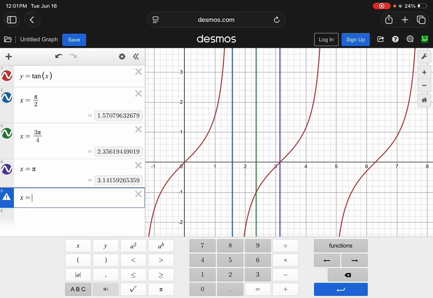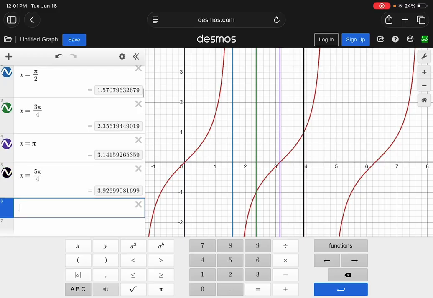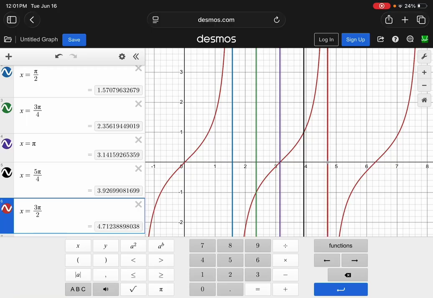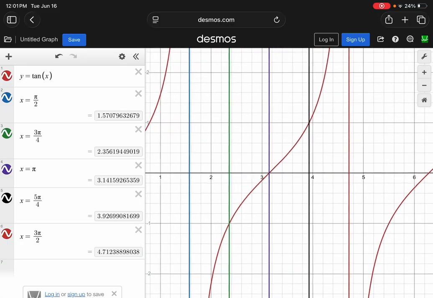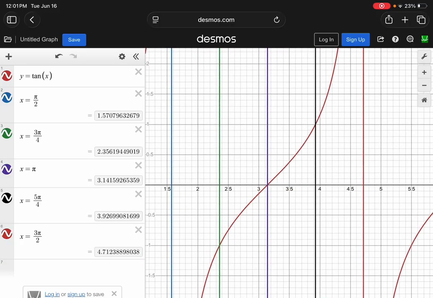X equals 5 pi over 4. And x equals 3 pi over 2. So I know this might look a little weird to see all these different colors and stuff, but this is what we just graphed. So the blue was my asymptote, that red on the end were my asymptotes, and then my purple was my at pi, my green at pi, 3 pi over 4, and then my black at 5 pi over 4. So here's what my graph looks like.